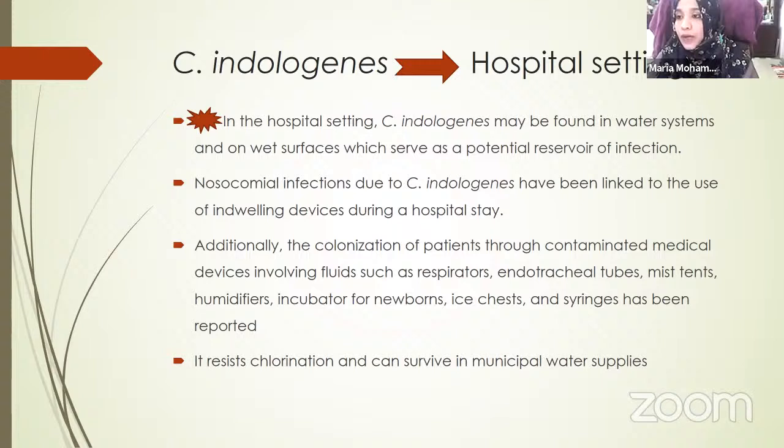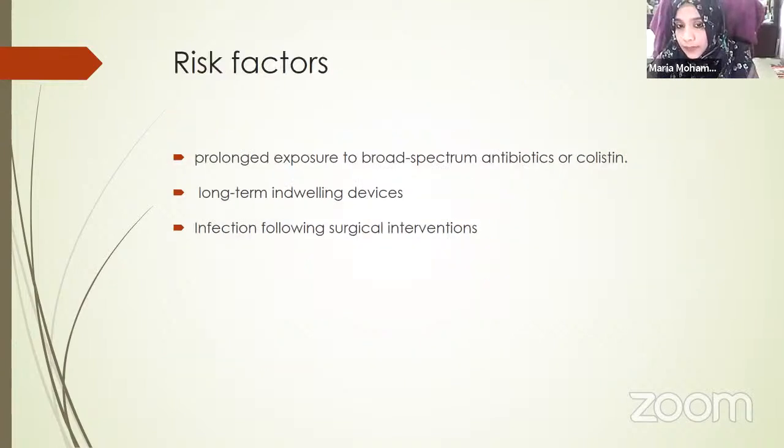One being multiple devices, especially in a high-end setup such as heart-lung transplant units. It can act as a colonizer in various medical devices such as respirators, ET tubes, mist tents, ice chests, various syringes, etc. It also resists chlorination and can survive municipal water supplies.